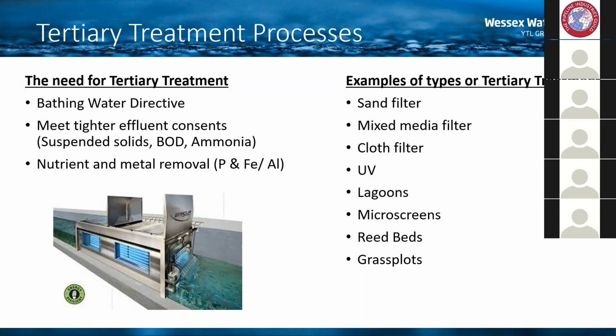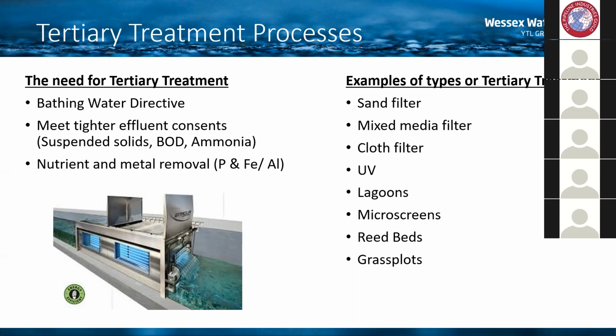It might be to meet tighter effluent consent. So perhaps there's a new consent come in that the works that was built 40 to 50 years ago wasn't designed for, so we can add on tertiary equipment to polish the effluent. And it can also be used for nutrient and metals removal with phosphorus, iron, aluminium.